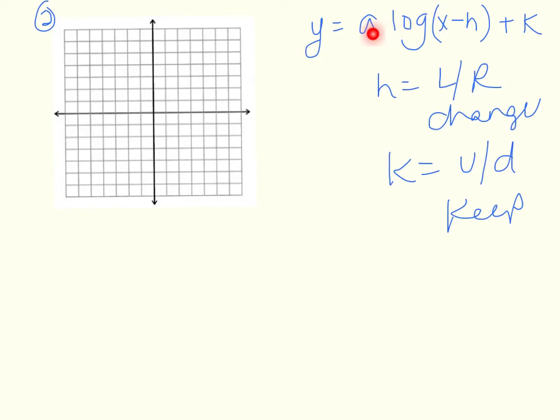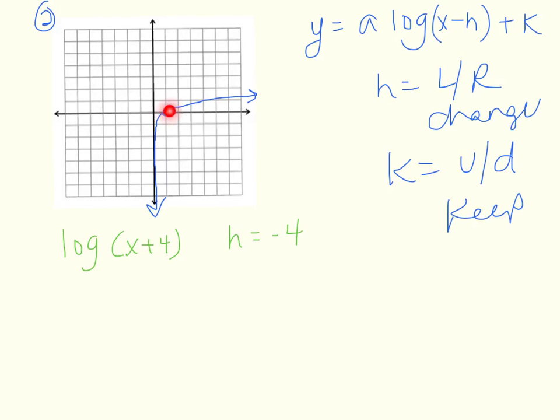So your key point is at (1, 0). And it curves back 1, to that vertical asymptote at x equals 0. So if you start off on the first one, log(x + 4), you only have an h. We change the sign so it's negative 4.